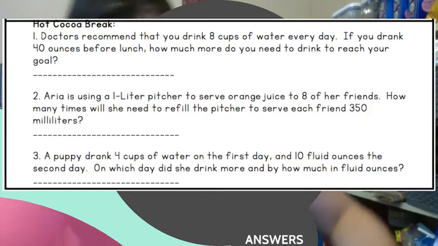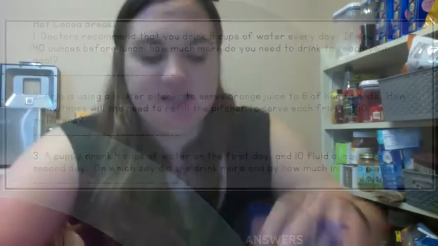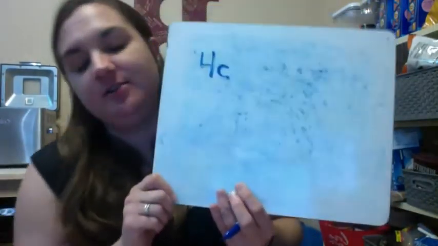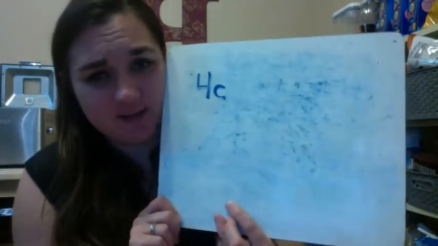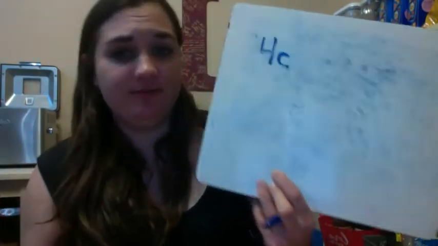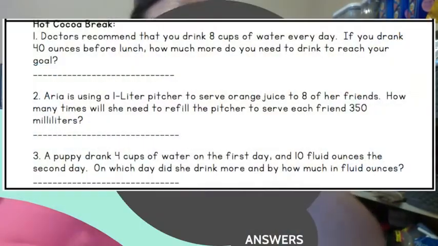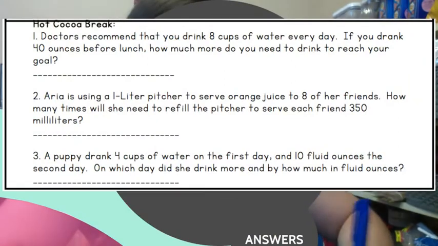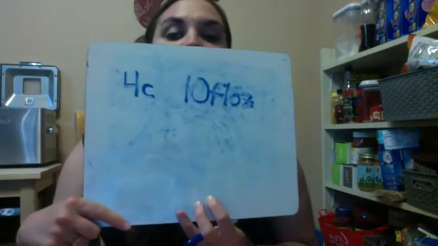So the first day we have that she drank 4 cups. So again, I'm writing that down. Now, as cute as a puppy is, I don't really care that it's a puppy. I know that I need to figure out which is bigger, 4 cups or 10 fluid ounces. So then it says on the second day, she drank 10 fluid ounces. So now I need to compare these 2 numbers.